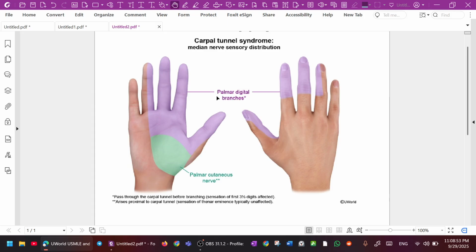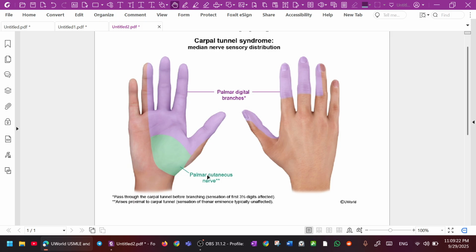Look here, the palmar digital branches, first three and a half digits, and the radial half of the digit, because the median nerve palmar cutaneous branch arises proximal to the wrist and passes over, not through, the carpal tunnel. It passes over the carpal tunnel.